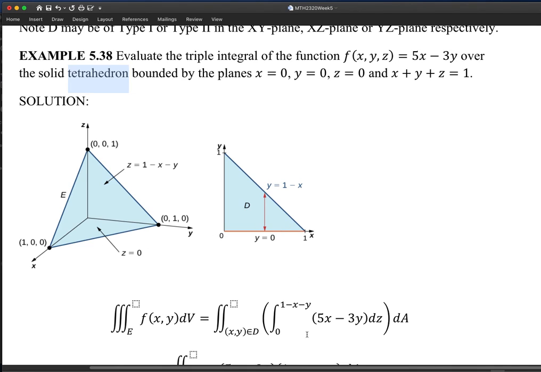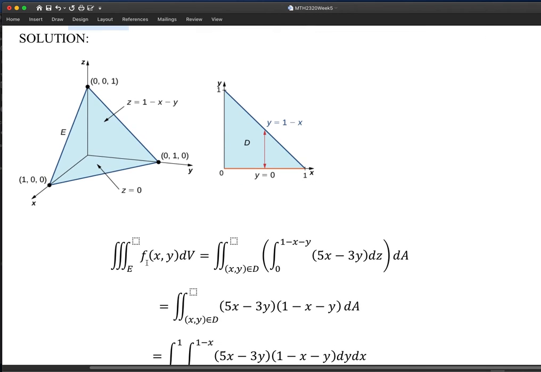When we do z first, the function 5x minus 3y is a constant in terms of z, and the lower bound of z is 0, because the entire xy plane is z equals 0. So after evaluating in terms of z first, we have an integral without z. I mean, this is a double integral with x and y only.